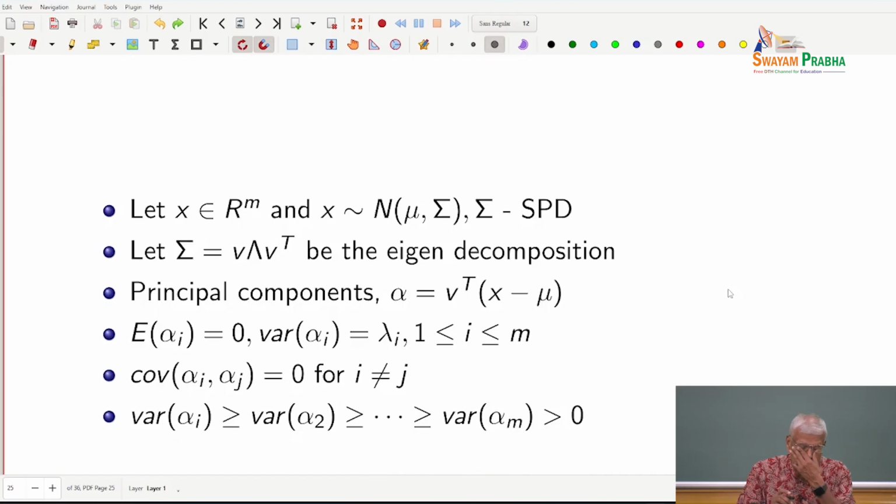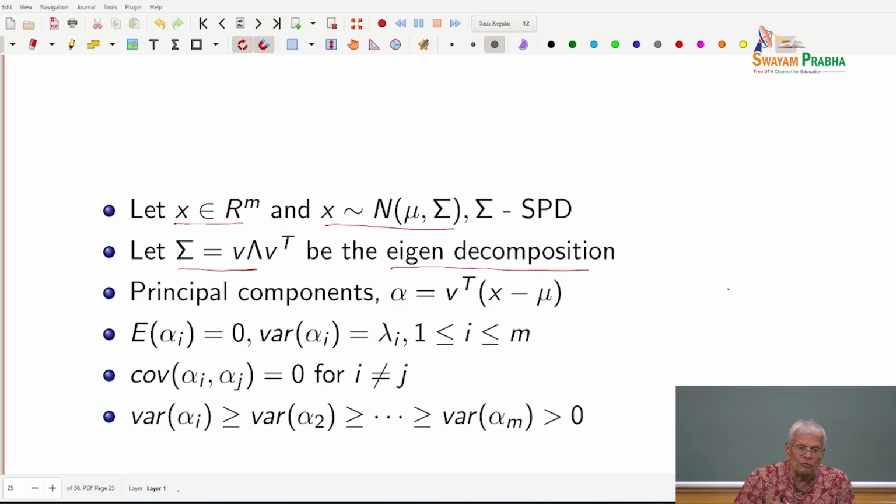So let x be a random vector in the m-dimensional space, with a normal distribution with mean mu. Sigma is the covariance matrix. It is further assumed that sigma is symmetric and positive definite. Symmetric positive definite matrices admit an eigendecomposition, which is V lambda V transpose.